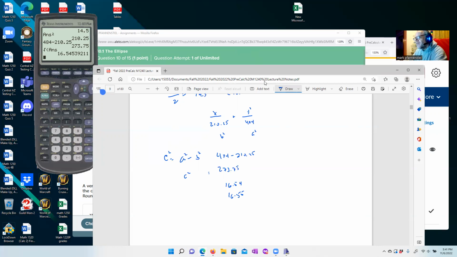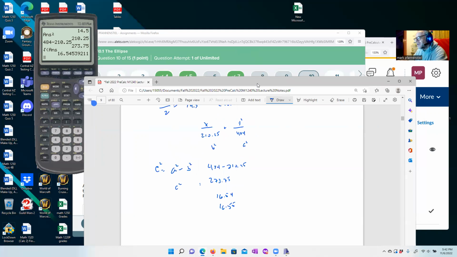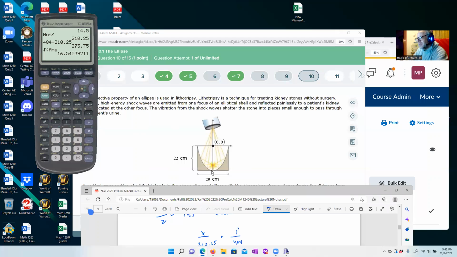That's from the center in the direction of the major axis. So in the y direction, we go down 16.55 centimeters, as everything is in centimeters.